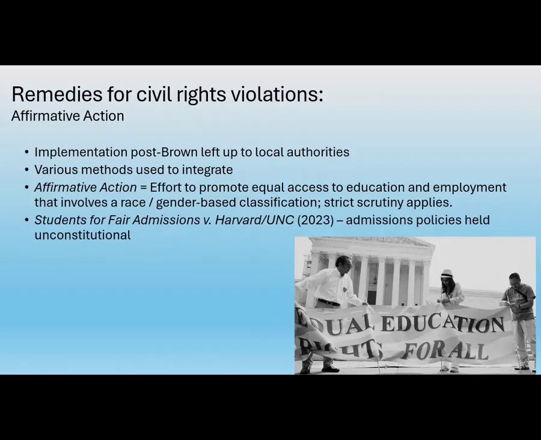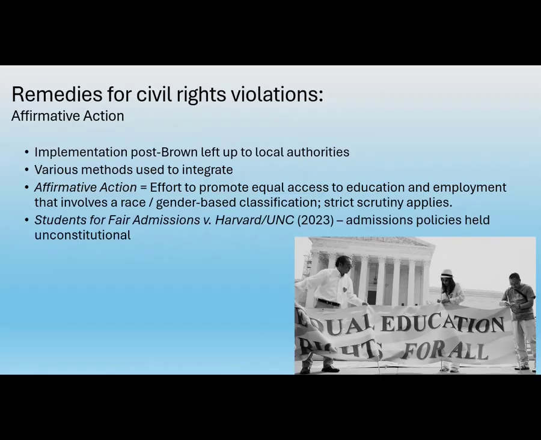So those two cases are combined, and the same decision applies to both. So you should read the textbook's discussion of the earlier cases, the Bakke case, the Grutter case, and then read this article about the Harvard case so that you can see the progression of the law and learn the reasons why the court struck down Harvard and UNC's admission policies.